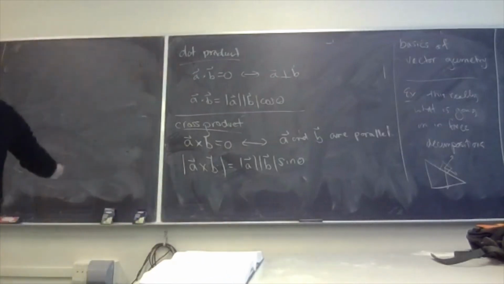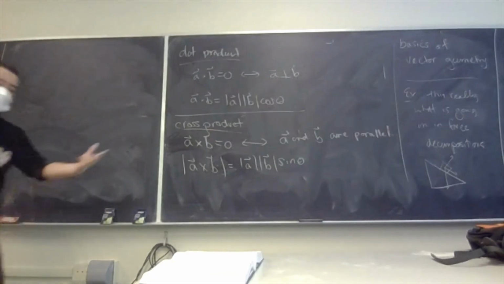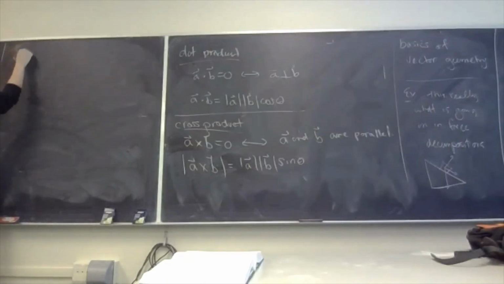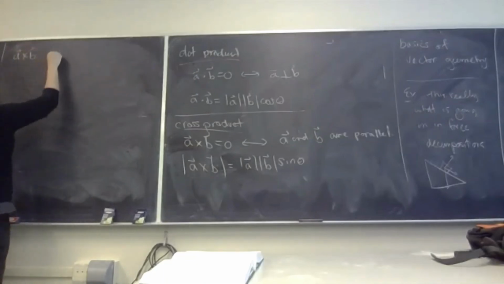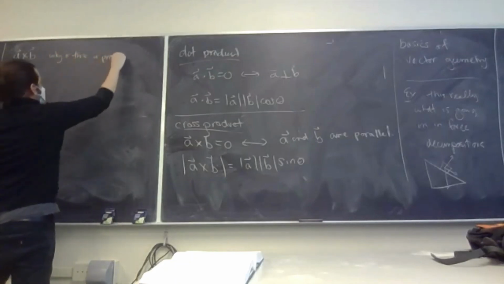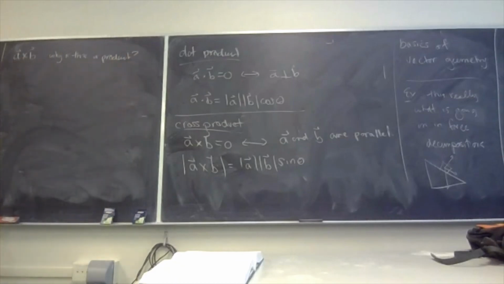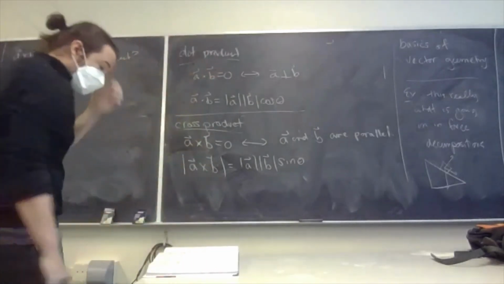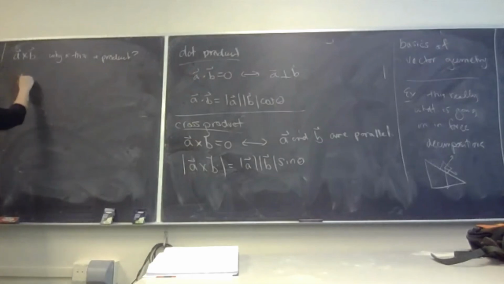And so one thing you might ask is, what justifies calling this a product? Why do we even call A cross B a product? And the answer is, it satisfies a distributive property. If you have A cross (B plus C), you have two vectors that you've added, and you cross A with them.